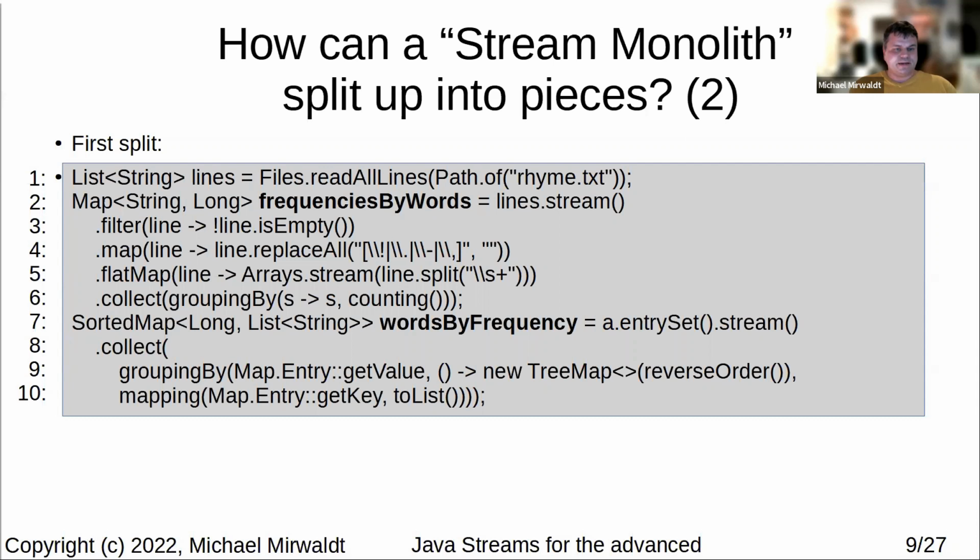I think it's quite easy now to understand what lines 3 to 6 actually do. And the same applies to lines 7 to 10, because now you see that we are somehow inverting the map. What were the values before are now the keys, because we don't want to look up the words, we want to look up the frequencies.